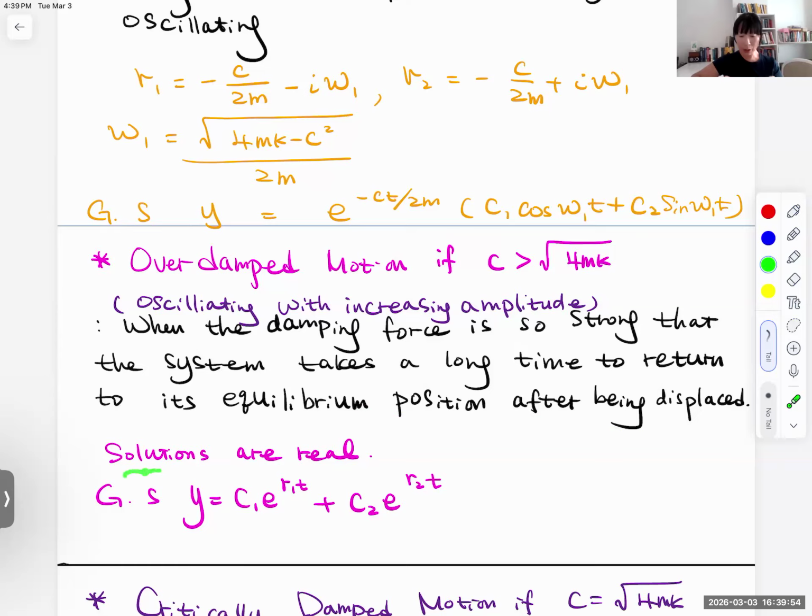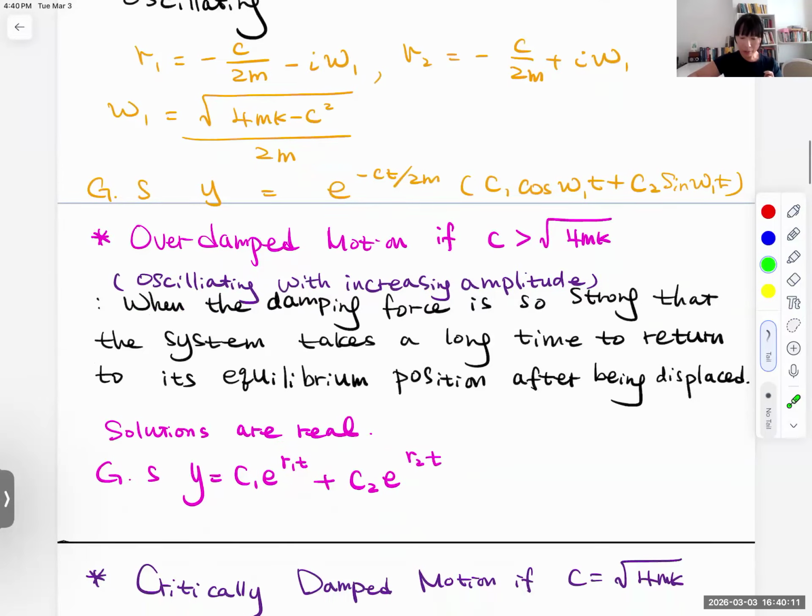Now the solutions are real. This is the complex case we had before, because c is less than this one, right?